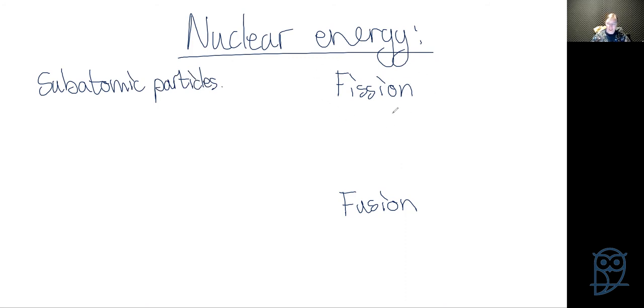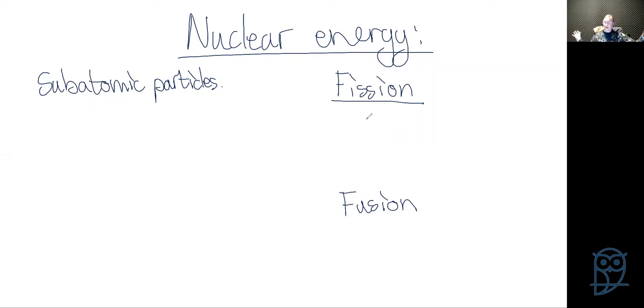Nuclear fission, right? That is what you guys know as nuclear power. Nuclear power stations use fission. Essentially what that means is they take a particle of uranium, they shoot a neutron at it, which causes this particle to split into two parts, which is actually krypton and barium.